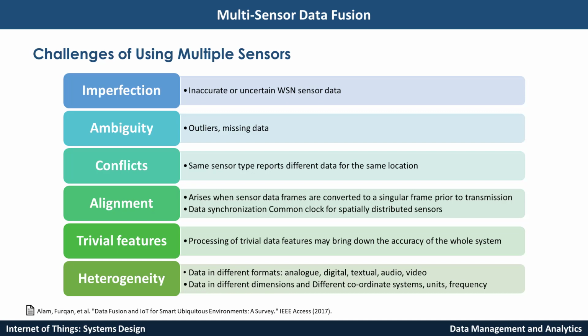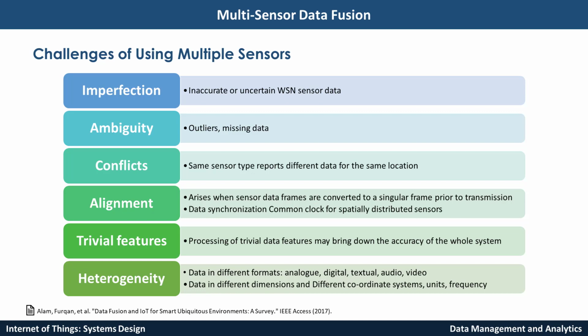First one is imperfection. For example, sometimes sensor data could be uncertain or inaccurate. The second one is ambiguity. Some data could be missing and some data could be outliers. Third one is conflict.